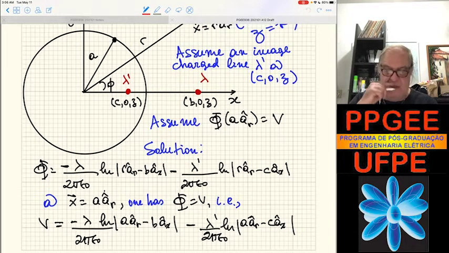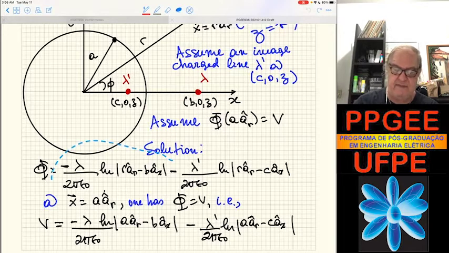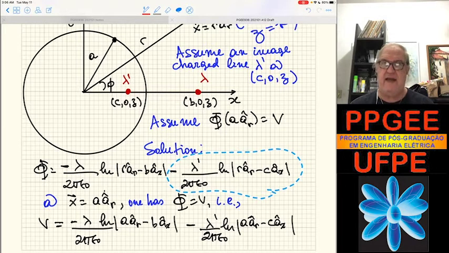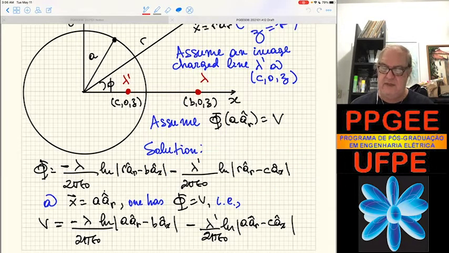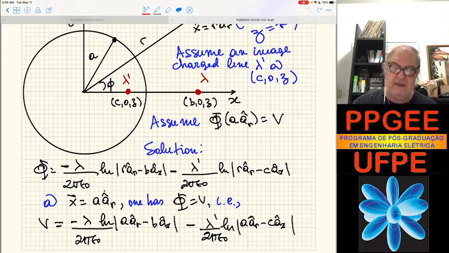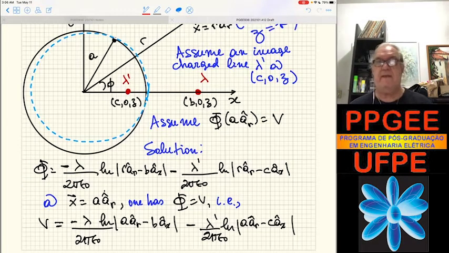So I'm going to attempt to use that potential, which is the potential of the charged line, right? That's going to be a constant potential somewhere, and we are going to add the potential of the image line, which is located at c. So that's a possible solution to the problem. We are going to impose that this solution gives V volts on the surface, okay?